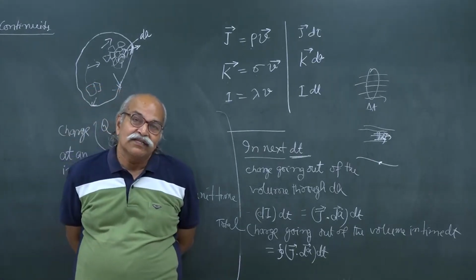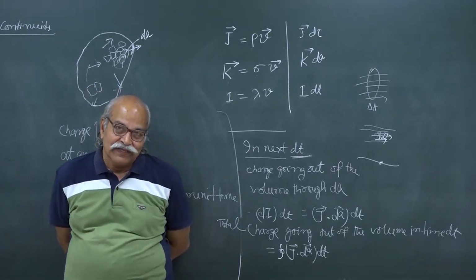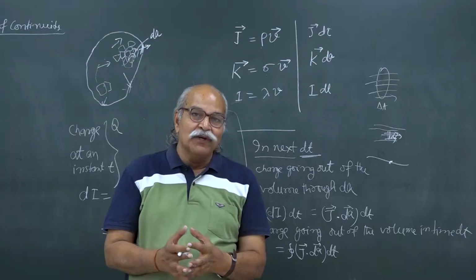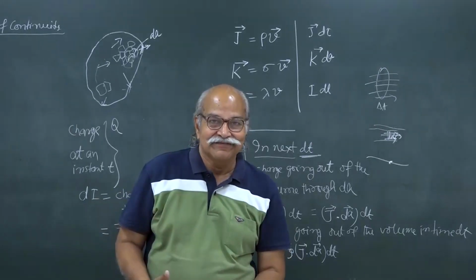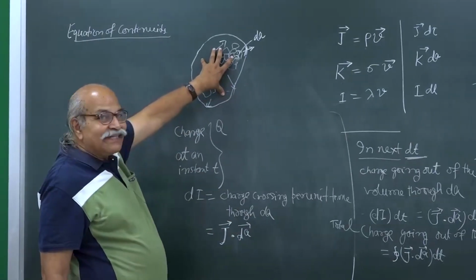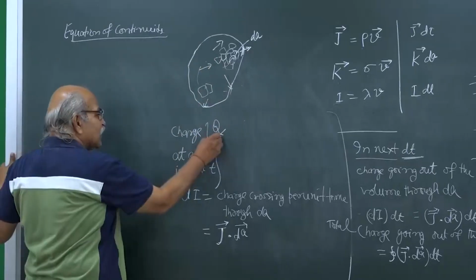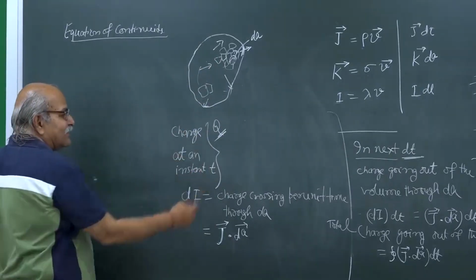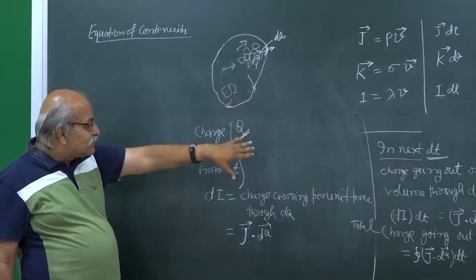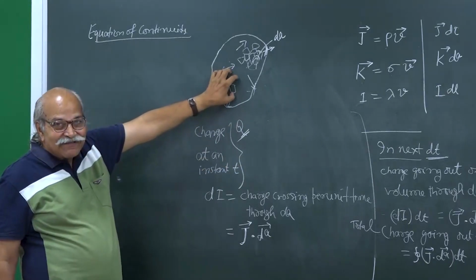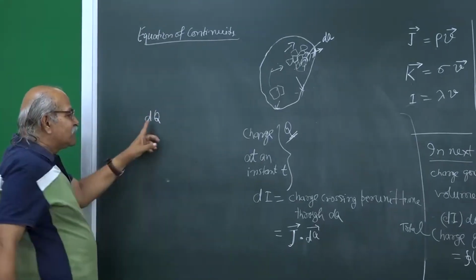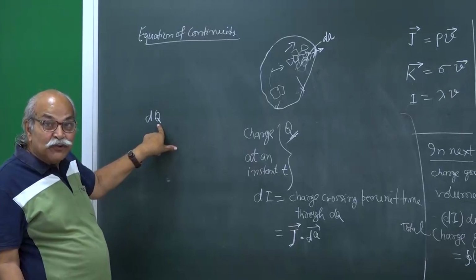Now, if this is the total charge which has gone out, the total charge which was capital Q at time t, how much is it at time t plus dt? In time dt, what is the change in this capital Q? Remember, capital Q we have defined as the charge at an instant t. Now, in time dt some charge has gone, so at t plus dt the charge will be less than that. When we say dq in calculus, it is always taken as the increment in q.